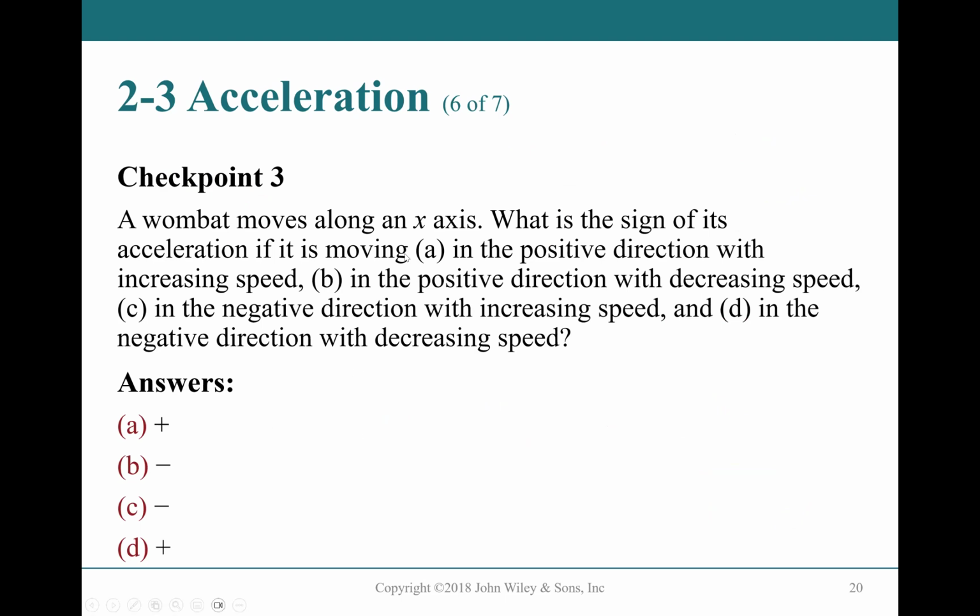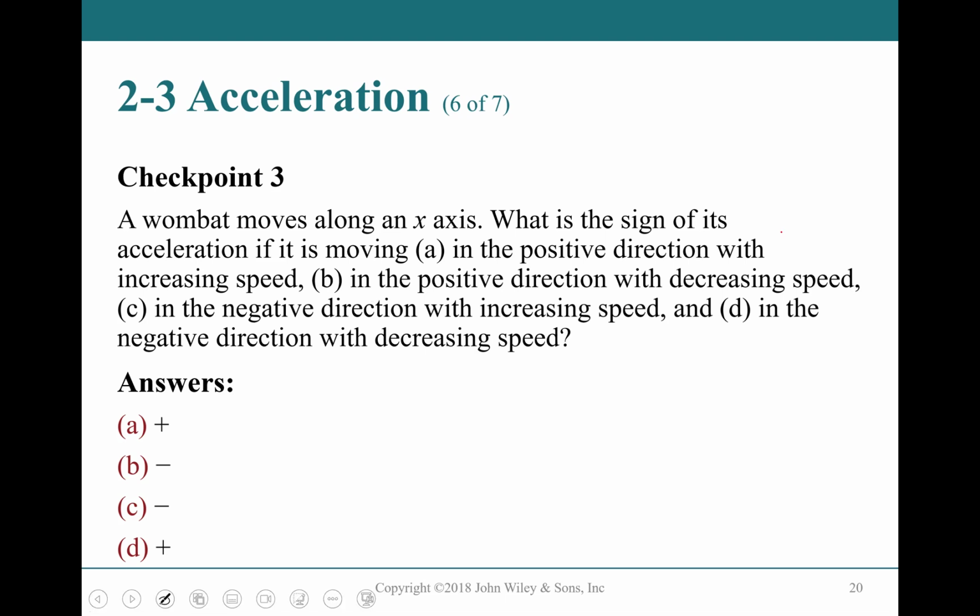And we also have the checkpoint here. This is a worm, okay? A worm moves along the x-axis. So what is the sign of its acceleration if it is moving? Be very careful. The problem asks you to calculate the sign of acceleration, okay? So A, the worm moves in the positive direction with increasing speed.